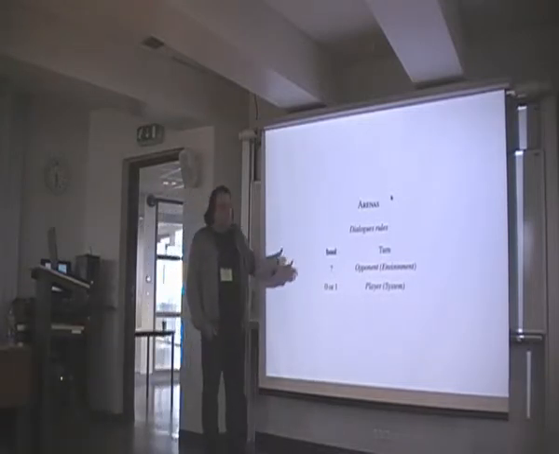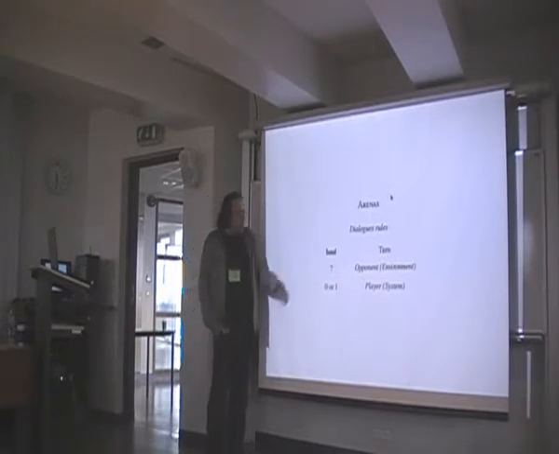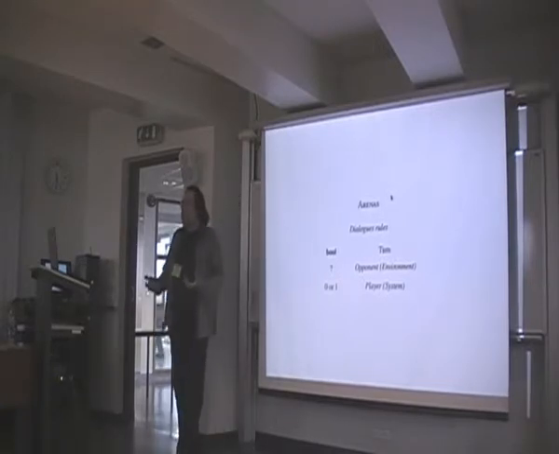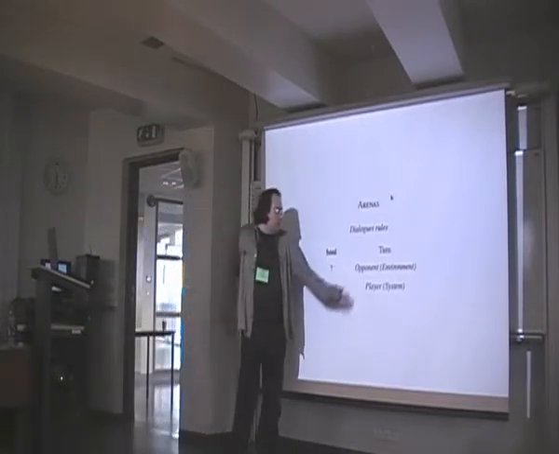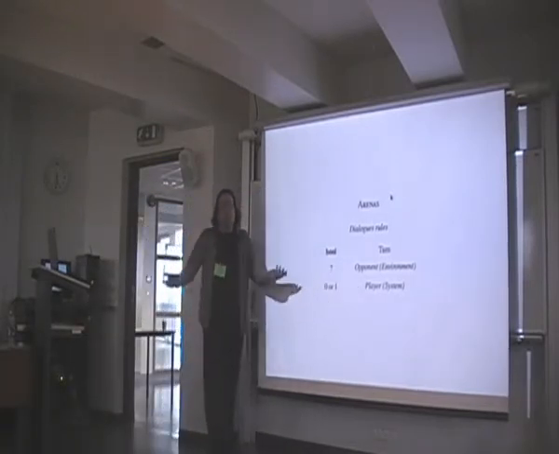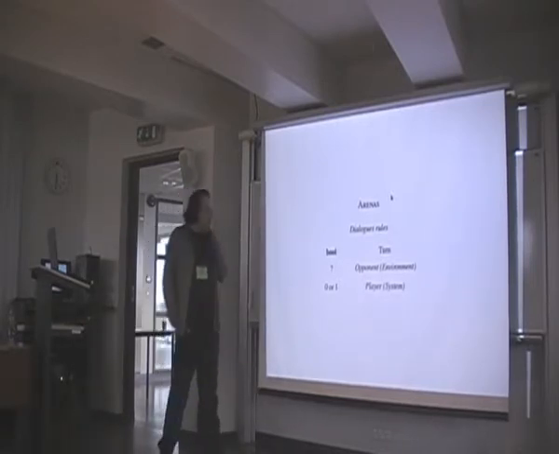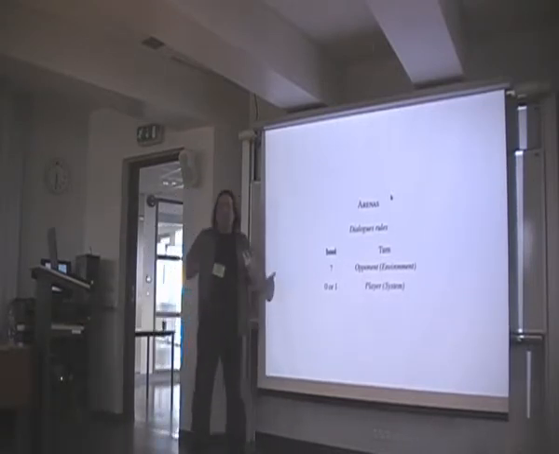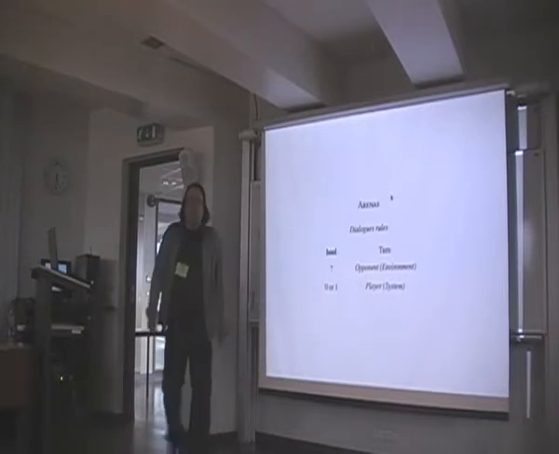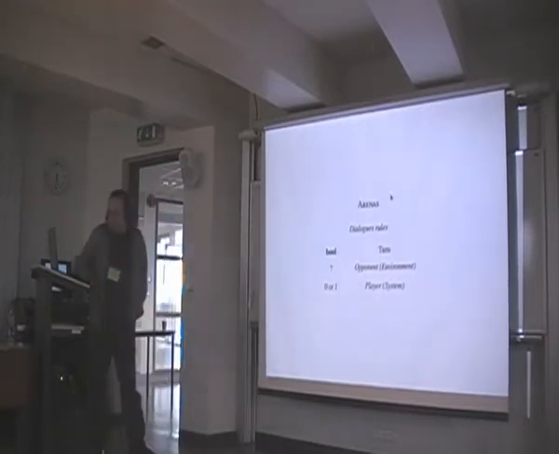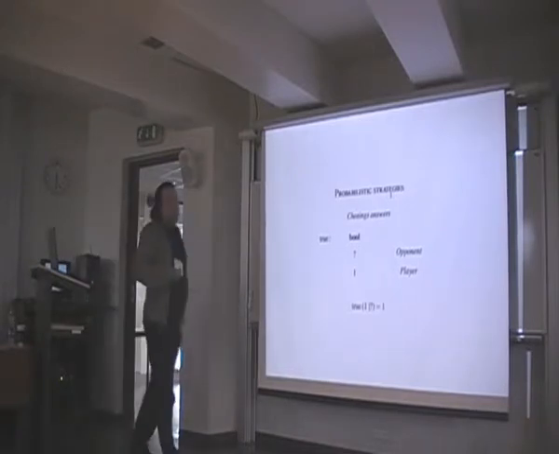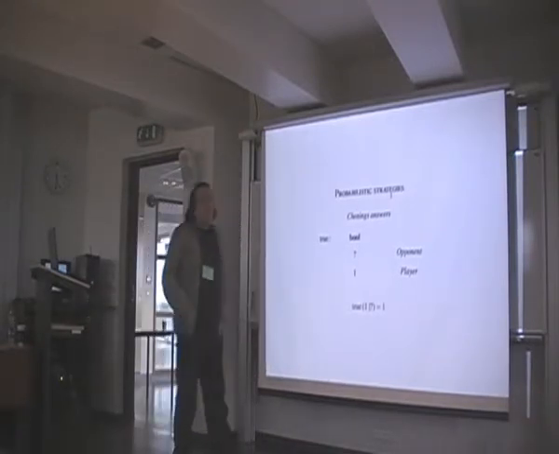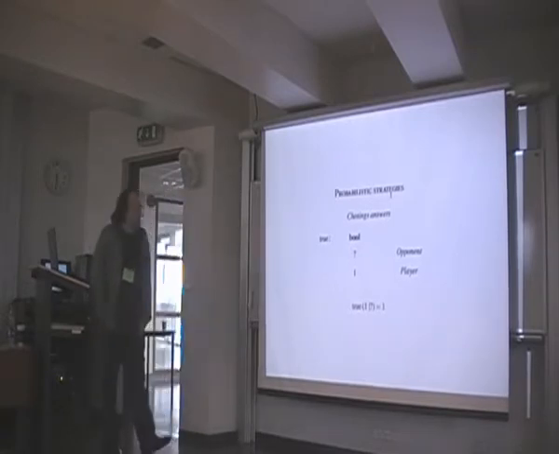So for example, the bool type is interpreted as a dialogue where the environment wants to know what the Boolean value is, and the system just answers with a Boolean value. So the opponent asks questions and the player just gives answers. The data itself is represented as strategies.